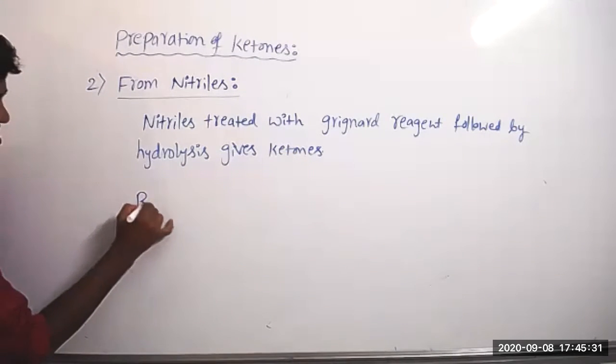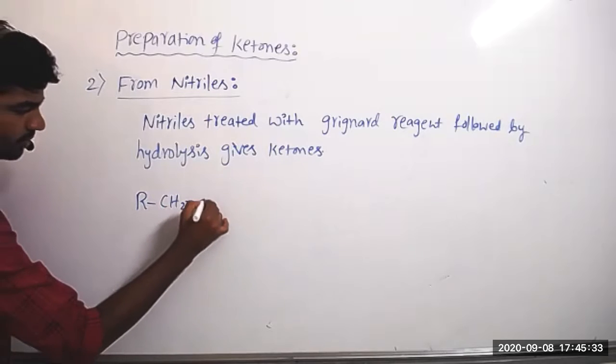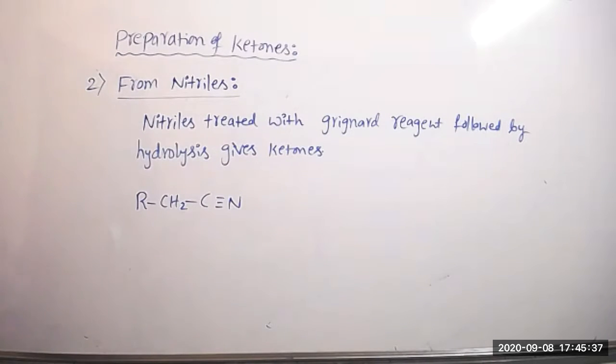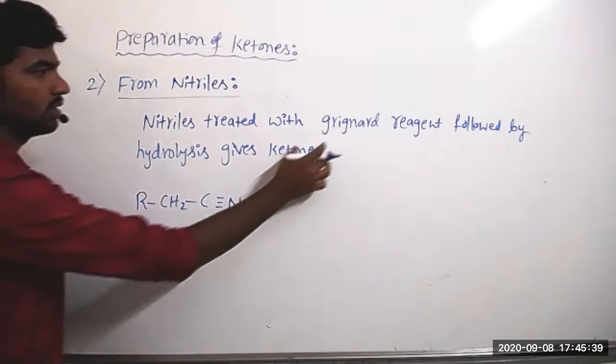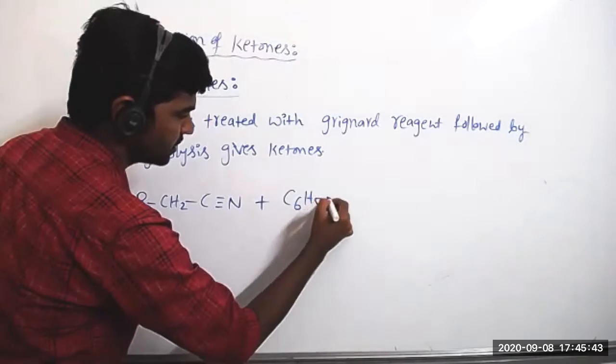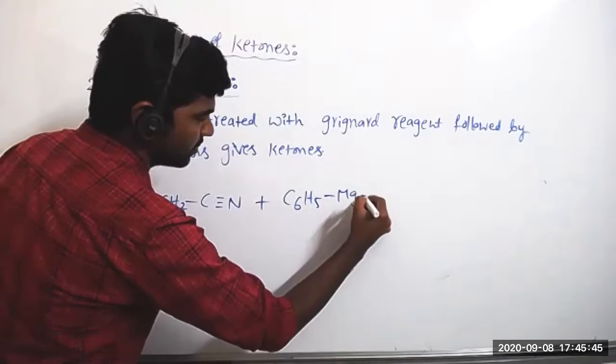Nitriles example, R-CH2-CN. Cyanides only we are calling nitriles. Now this is treated with a Grignard reagent. Grignard reagent, we may take anything, C6H5 attached to MgX.